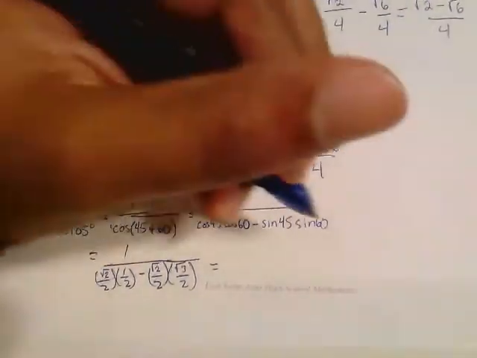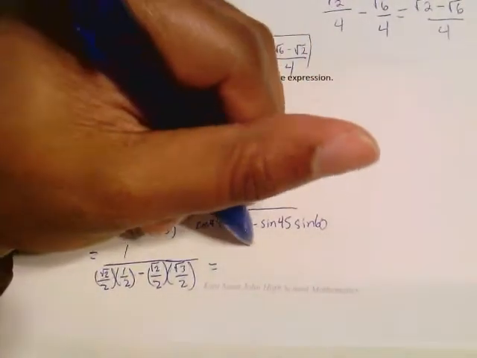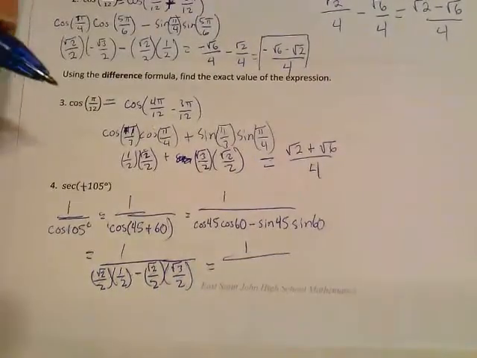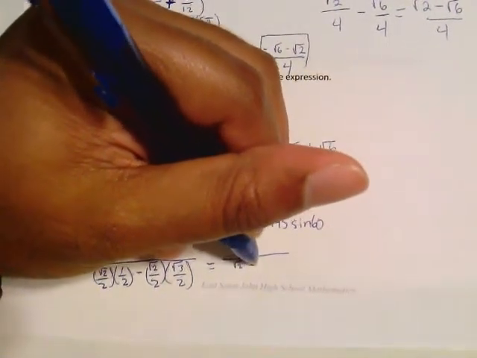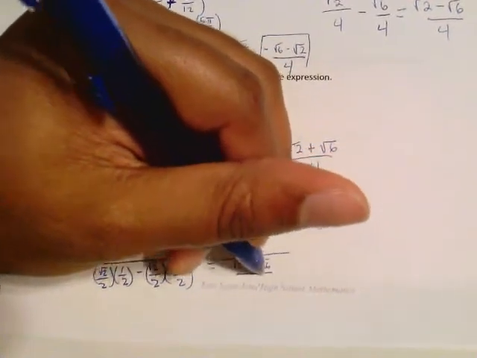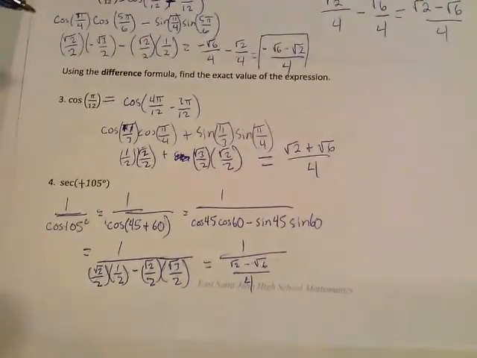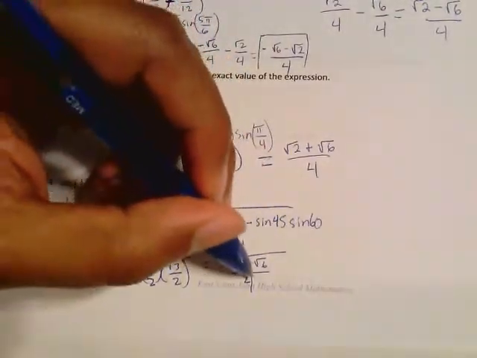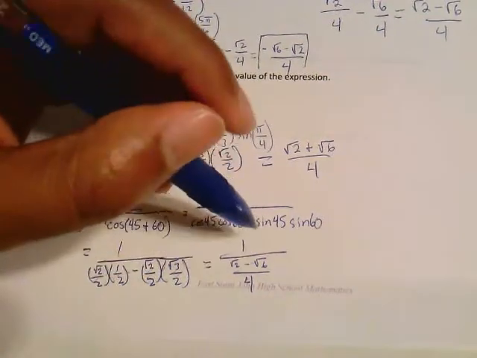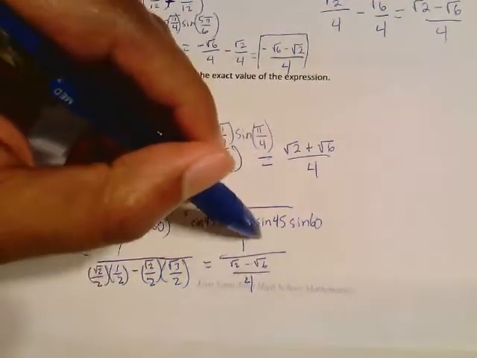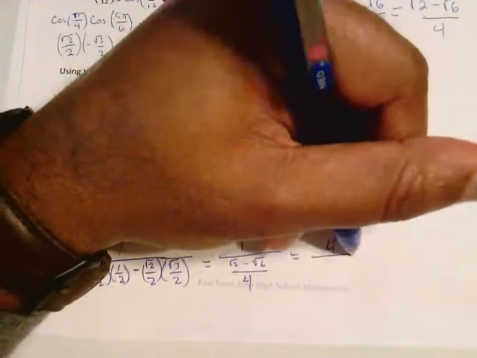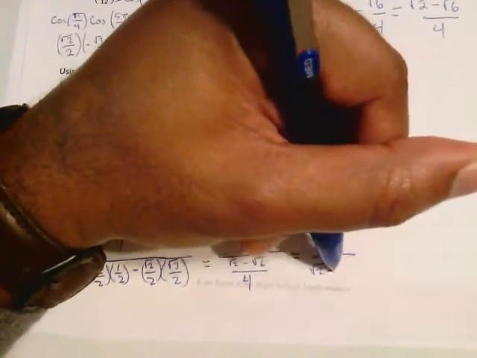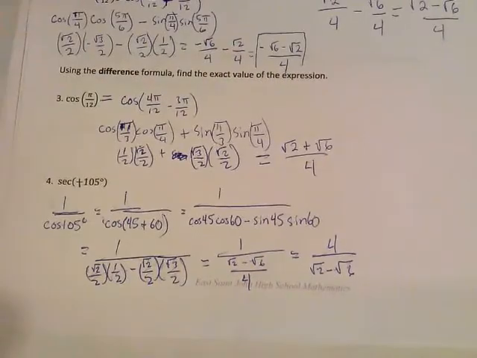And then all of this equals 1 over square root of 2 minus the square root of 6, and all of that is over 4 now. But since we have a complex fraction here, we can simplify. We'll multiply everything by 4 at the top and the bottom. So that will leave us with 4 over the square root of 2 minus the square root of 6.